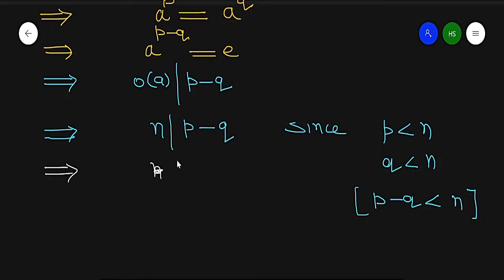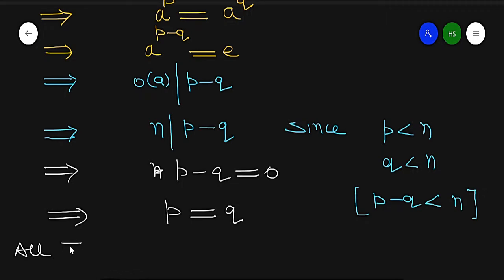So it implies p minus q equals 0, which implies p equals q. So what does it mean? It means all Tm are distinct. So what is the number of these Tm?